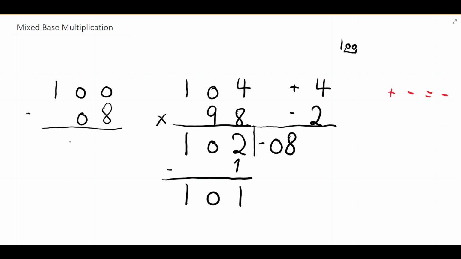So now when you subtract, you get 92, and that gives us the right hand part of the answer. And now this is the final product. I hope you understood the technique.